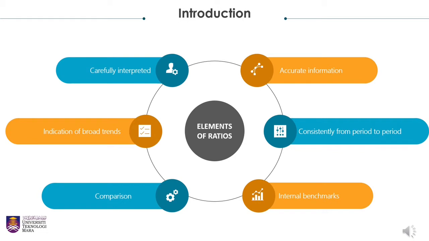They are also used in comparison to other companies in the industry. The ratios are viewed both at a single point in time and as an indication of broad trends and issues over time. And lastly, the ratios are carefully interpreted in the proper context, considering there are many other important factors and indicators involved in assessing performance.